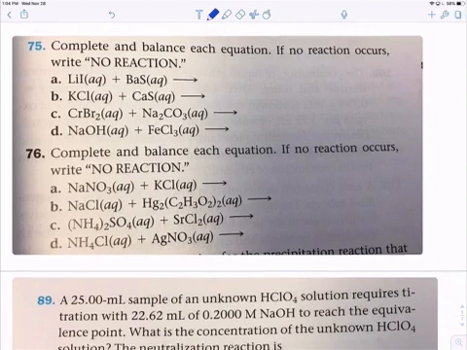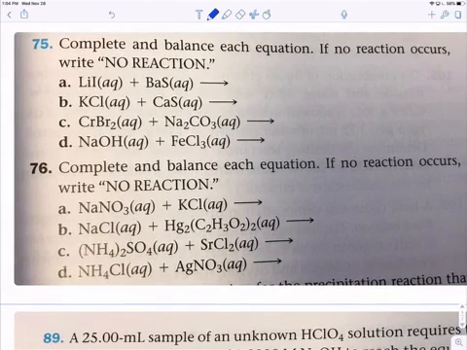So for these ones here, you will be given a solubility chart.